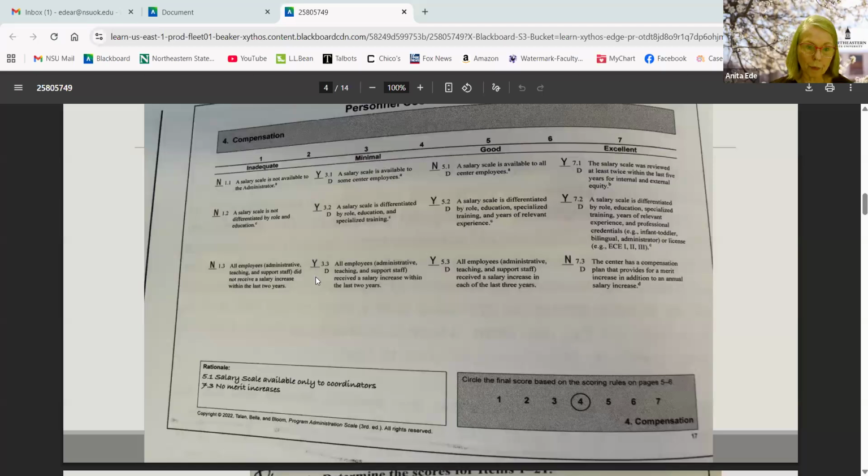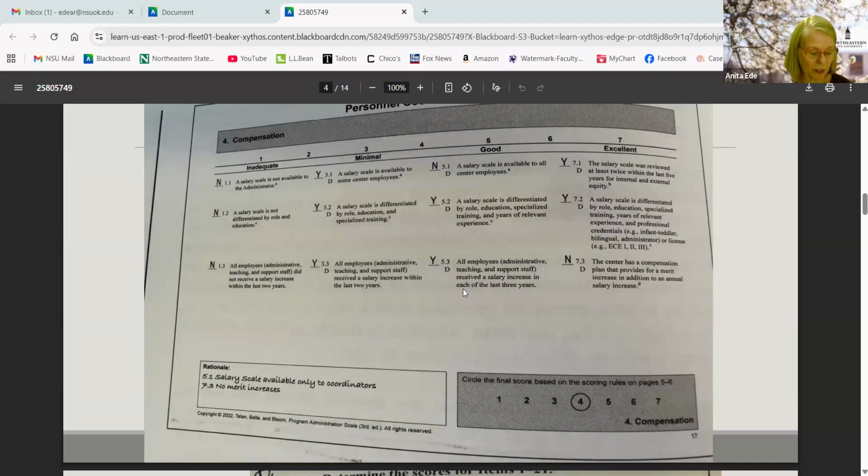A score of 3 is given when all indicators under 1 are rated N, and all indicators under 3 are rated yes. But we keep moving. A score of 4 is given when all indicators under 1 are no, all indicators under 3 are rated yes, and at least half of the indicators under 5 are rated yes.